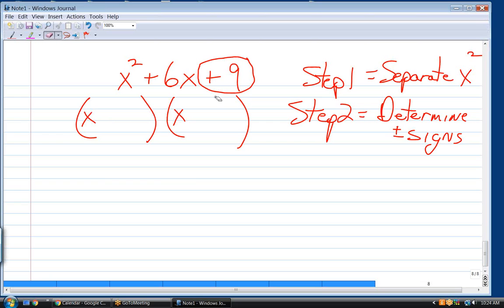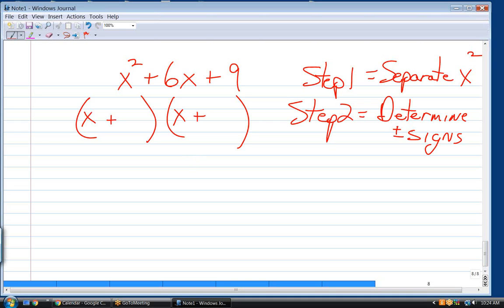The only way I can get a plus 9 here is if both signs are the same. So when I see a plus in front of the constant, I know that both signs have to be the same. They either have to be negative, negative, which would produce a positive, or positive, positive, which would produce a positive. And the one you choose is the sign of the middle term. Since it's plus, this has to be plus, plus.